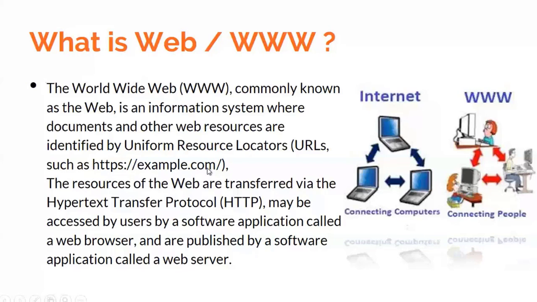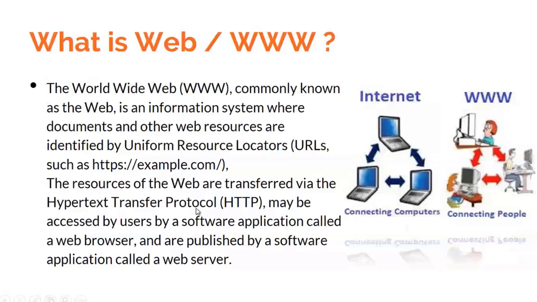The resources of the web are transferred via the hypertext transfer protocol. Whatever data or documents we share across the web, two protocols are mainly used: first is HTTP and the other is HTTPS. These two protocols help you transfer data, and this is nothing but the hypertext transfer protocol.